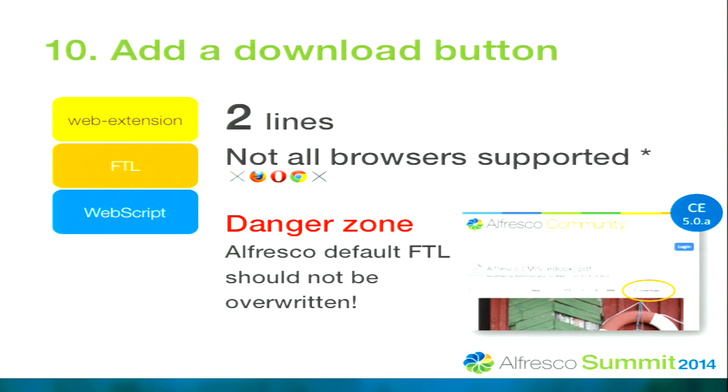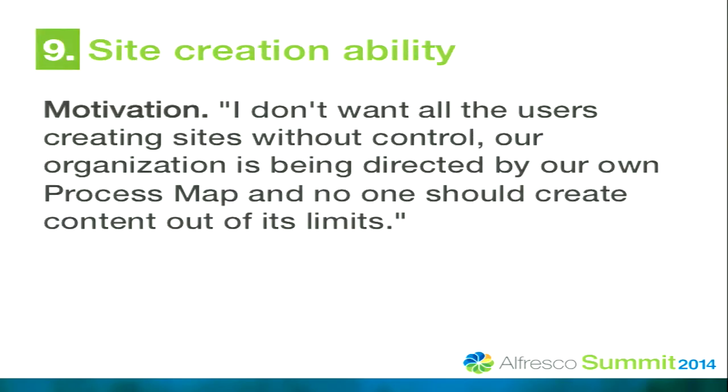This internal API could change in the future, so it's dangerous to do things like this. Alfresco 5 has this functionality included. So thanks Alfresco for that download button. We are using three mechanisms: web extension, FTL FreeMarker, and web script. So we have just three budgets.